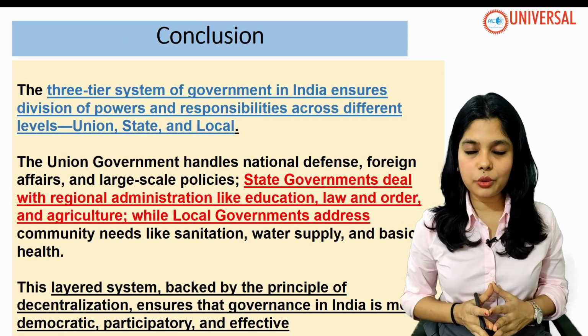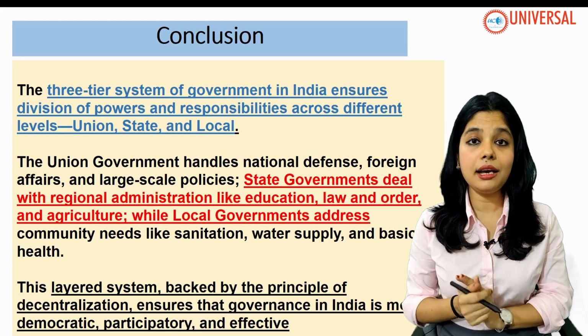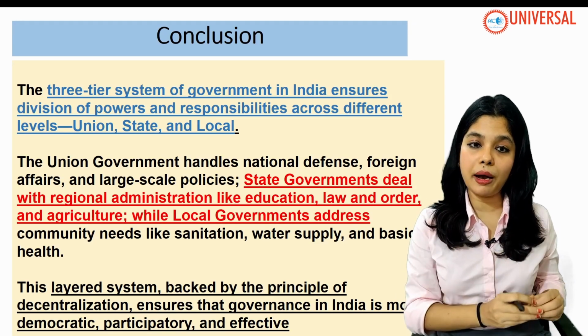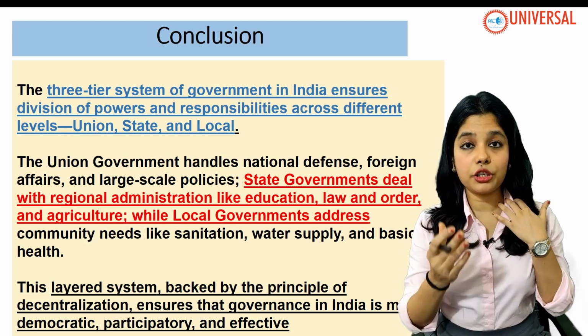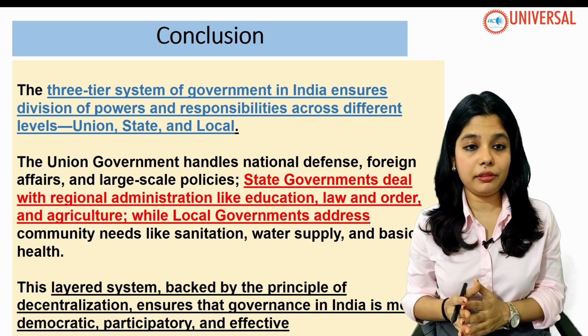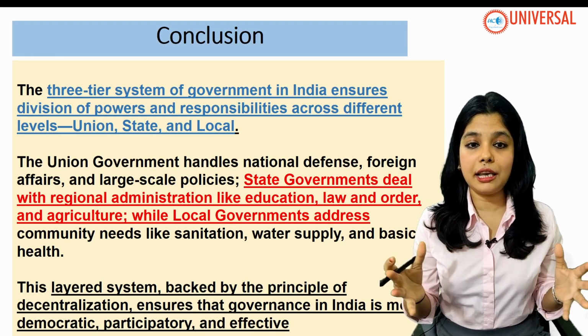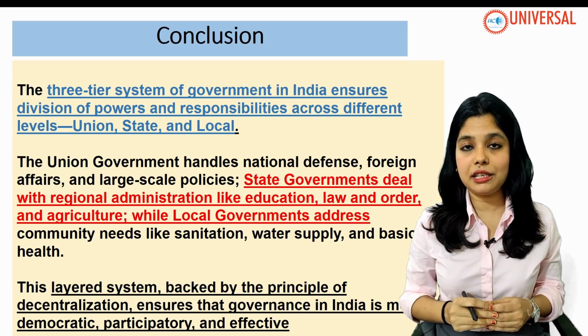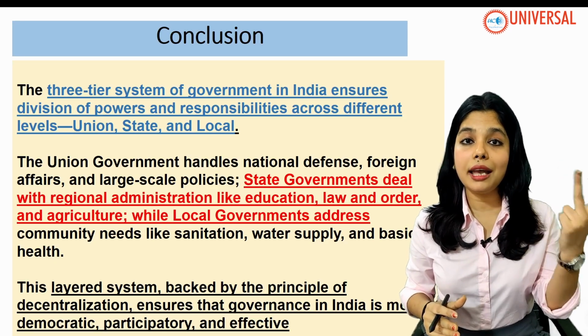Now, in conclusion, we will say that the three-tier system of government in India ensures division of powers and responsibility across different levels. That is your union, state, and local level. The union government handles national defense, foreign affairs, and large-scale policies. The state government deals with regional administration like education, law and order, agriculture.